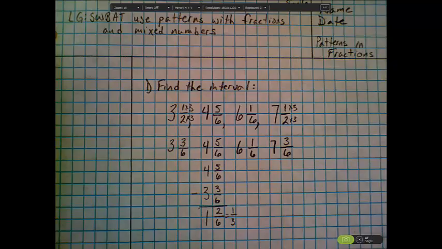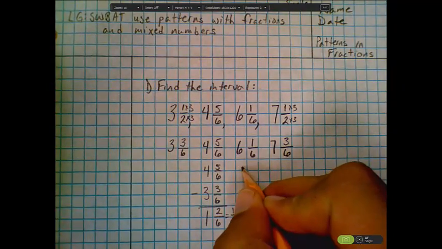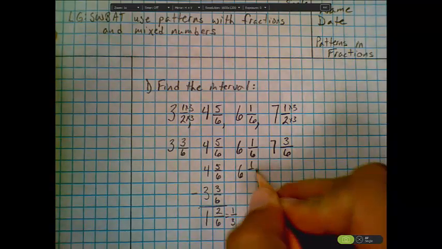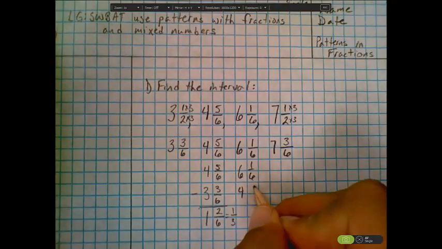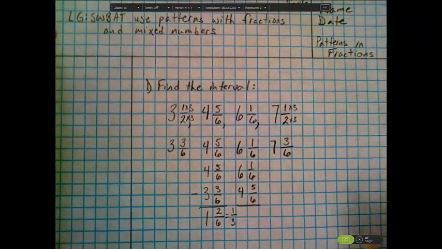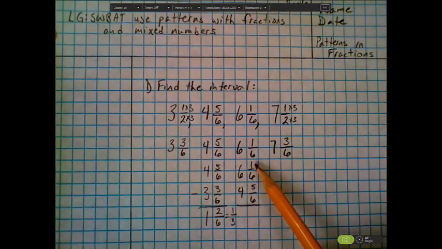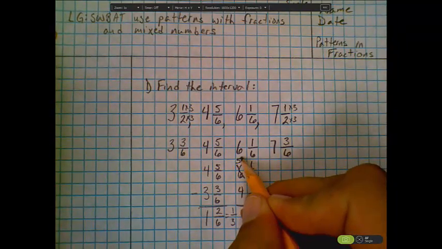So let's see if the interval is the same for the next one. So we're going to do 6 1/6 minus 4 5/6. This time we cannot do 1 minus 5. We have to borrow. So we're going to cross out the 6 and make it a 5.